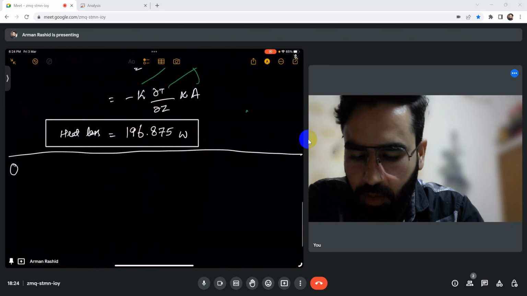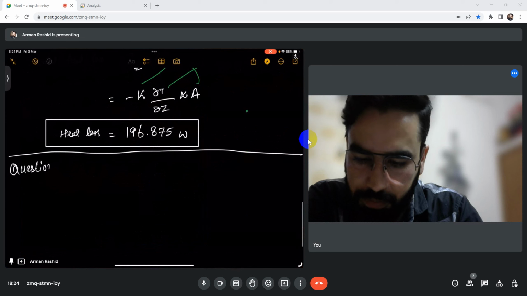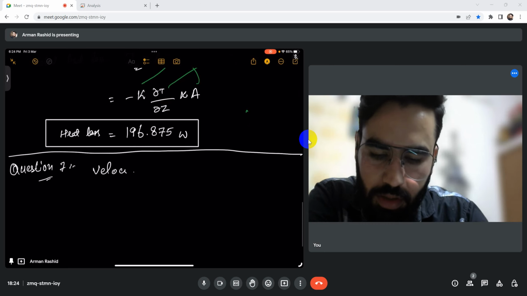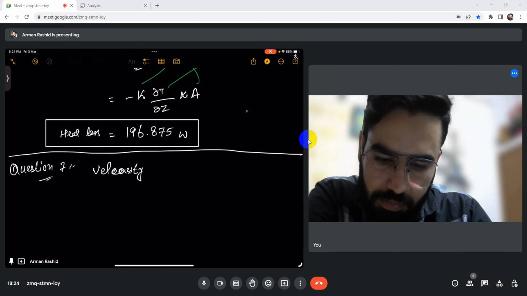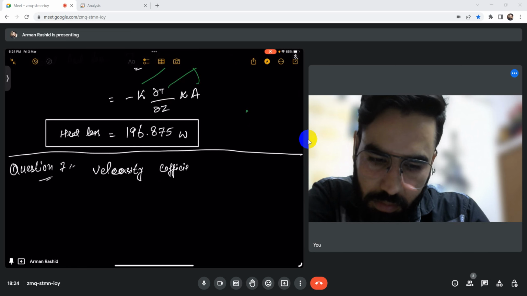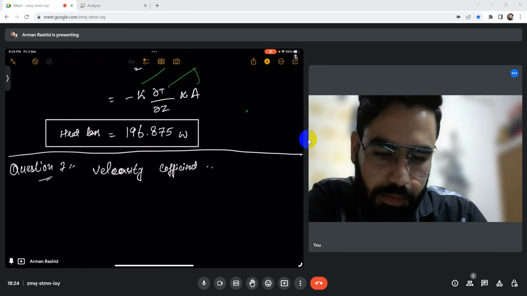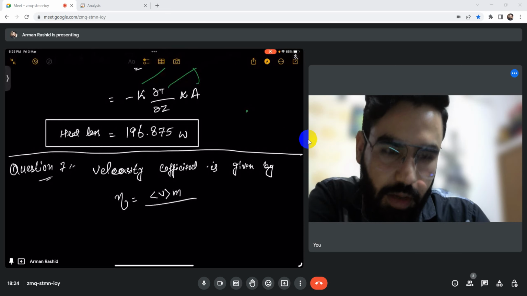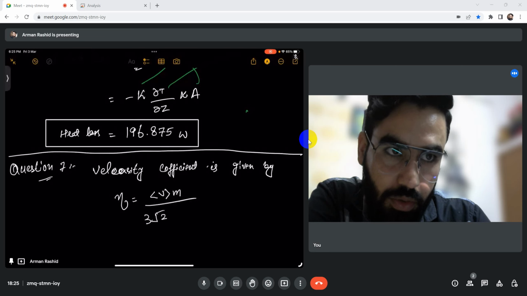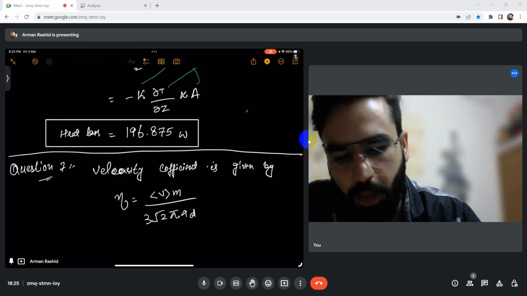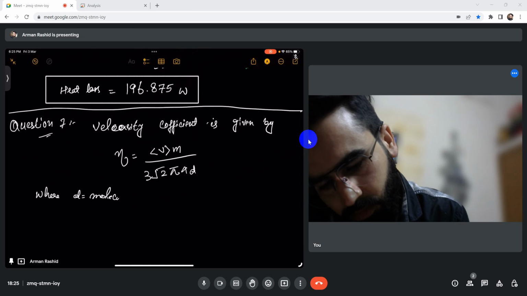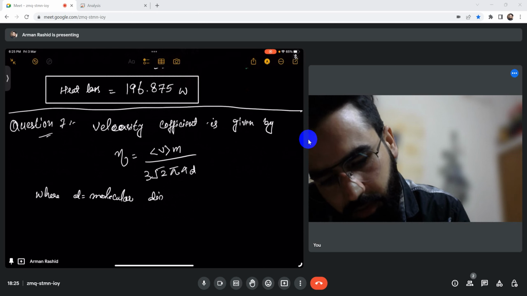Okay, so I'll write question 7. I already showed you that if eta is our viscosity coefficient, it depends upon our average velocity, molecular mass, 3 under root 2 pi into d, where d is the molecular diameter.